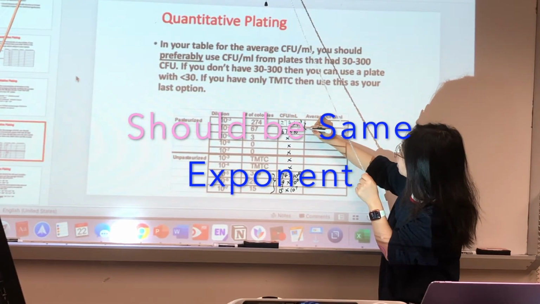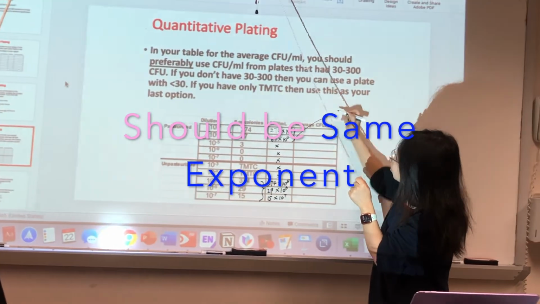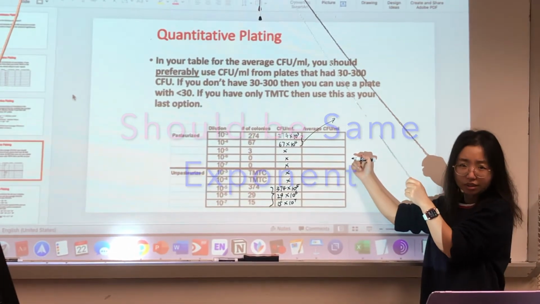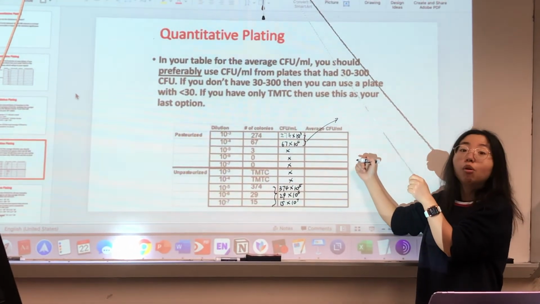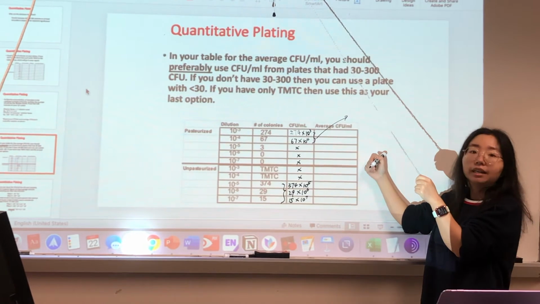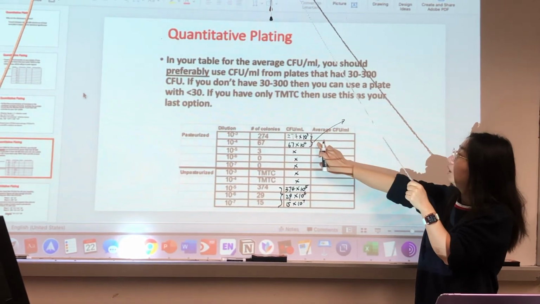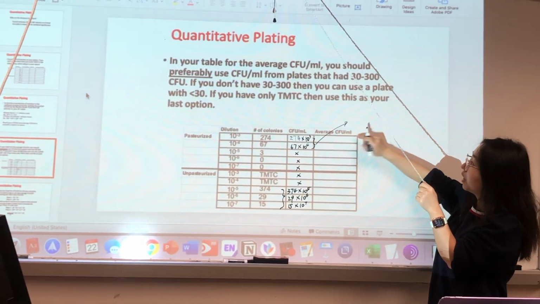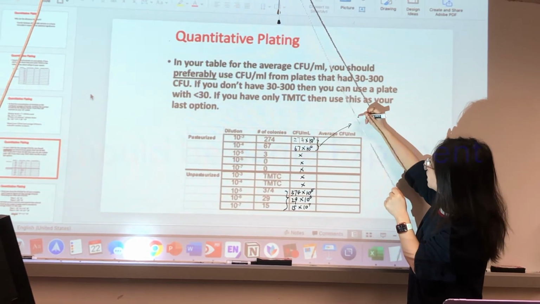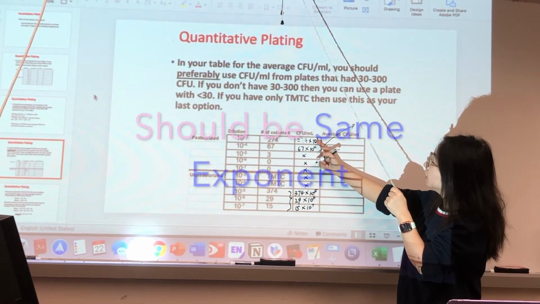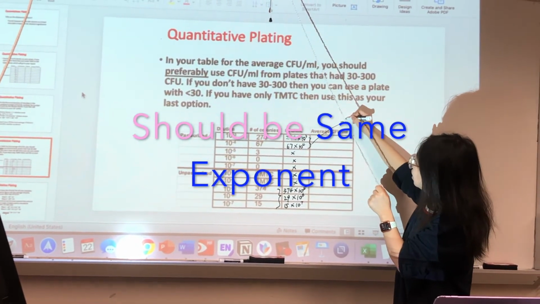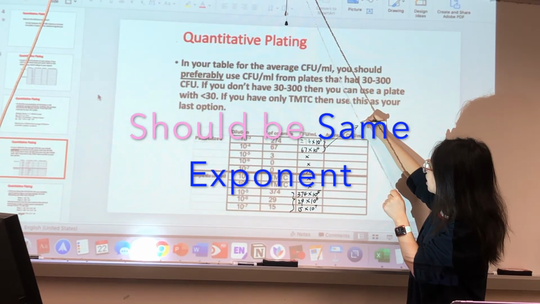An easier way to do the average CFU per ml, you could use your calculator, that's fine, is by getting the same notation.